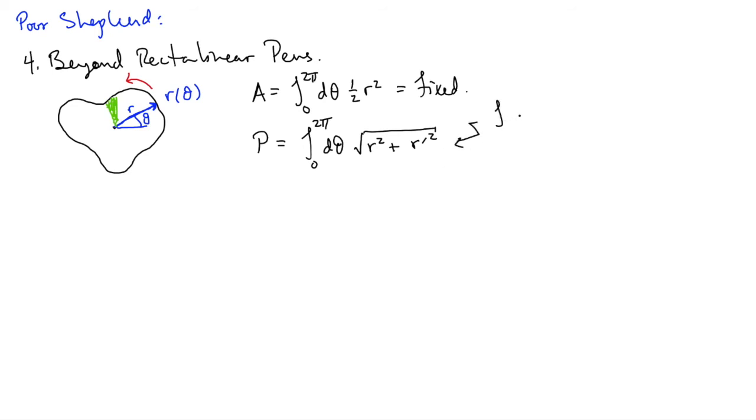This is just saying it's the integral of the square root of dr squared plus r squared d theta squared. Okay, and that's equal to the integral d theta times the square root of dr d theta squared, that's r prime squared, plus r squared. Okay, so it's very similar to what we were doing for our geodesics.